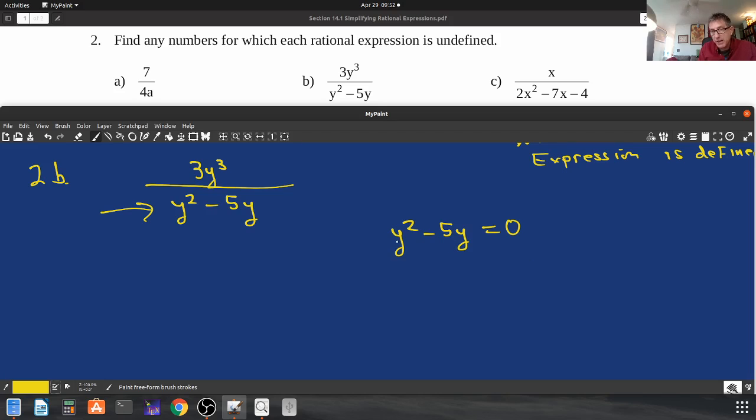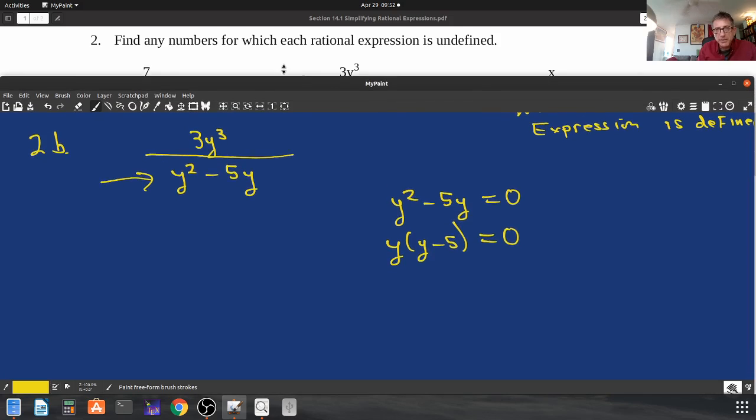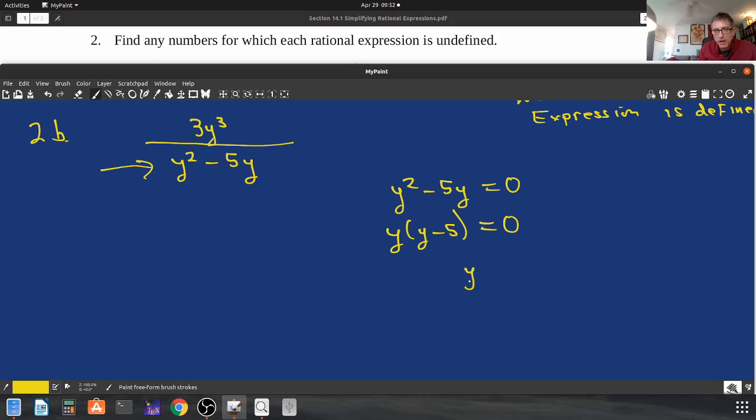And this is easily factored because the greatest common factor is y. So now I use the zero product theorem. So that tells me y is equal to 0, or y minus 5 is equal to 0, which tells me y is equal to 5. So the values which must be excluded are y is equal to 0 and y is equal to 5.